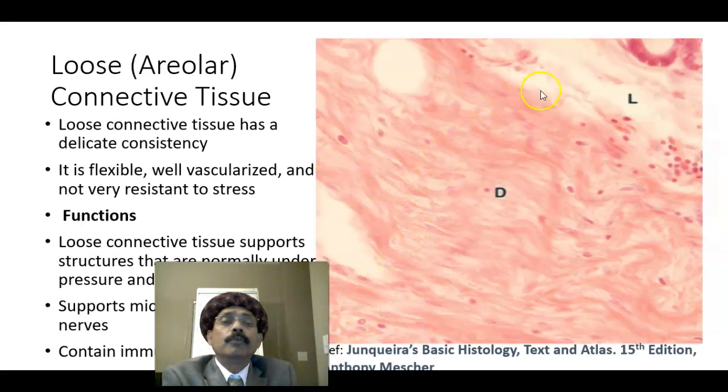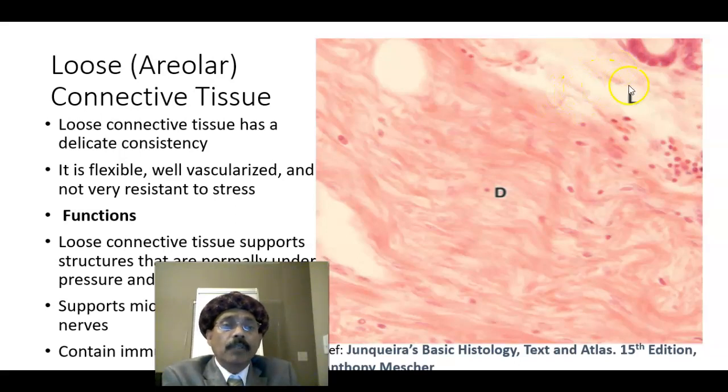So if you go there, this is a site of loose areolar connective tissue that is underneath the epithelial cells. This is the glandular epithelial cell, and this is a part of the gland. So here is the loose areolar connective tissue, the fibers, cells, and the ground substance, everything is loosely arranged.